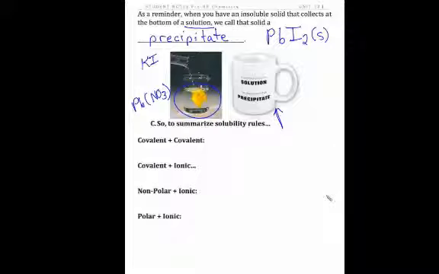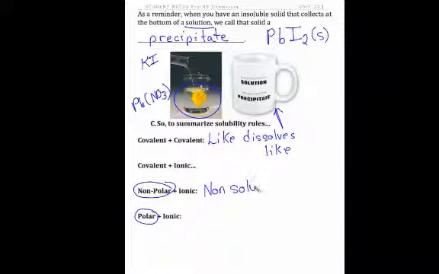Okay. So if we wanted to summarize our rules, we have our covalent plus covalent. We follow the rule of like dissolves like. If it's covalent or ionic, we have to look at the nature of the solvent itself.